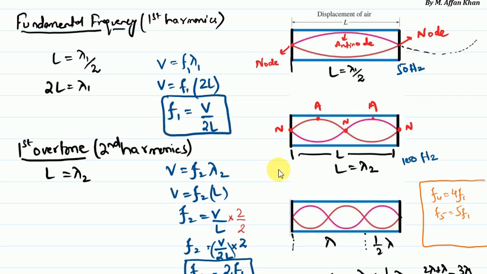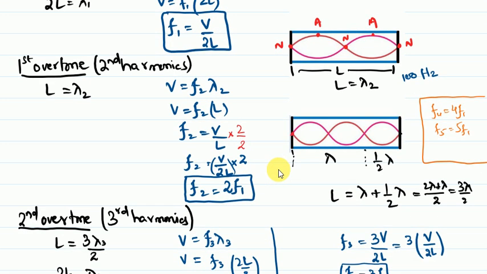Similarly, for this part, this one is a node, this one is a node, and again a node. And these are antinodes. One more interesting thing we can see here is that since this string is tied at both ends, it cannot vibrate there. So a string tied at both ends will always form nodes at the ends.